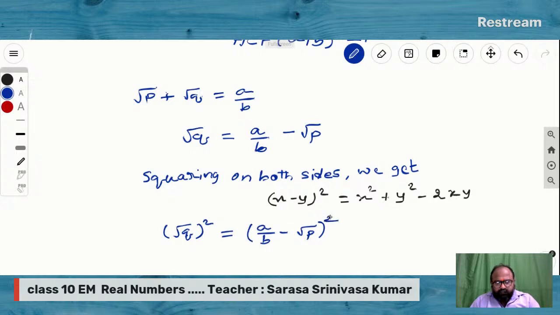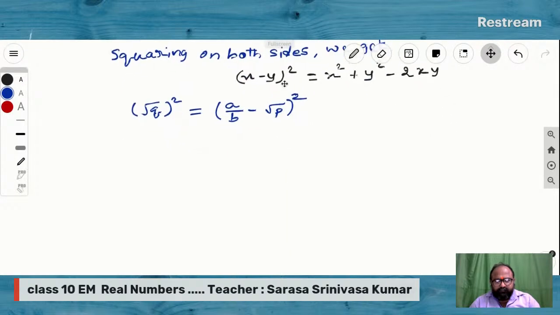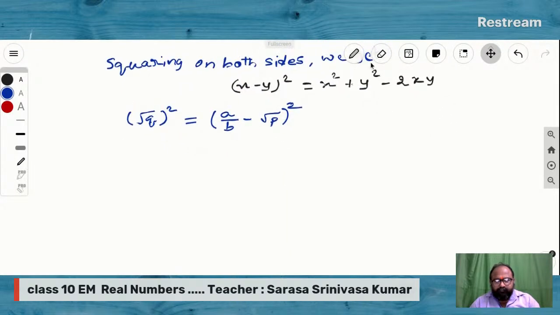Now we use the formula x minus y whole square equal to x square plus y square minus 2xy to expand the right hand side term. So left hand side term is q. Square root of q whole square equal to q.